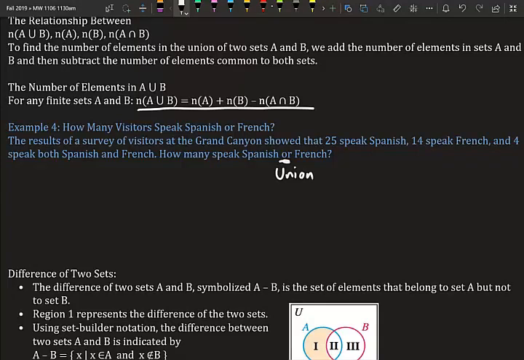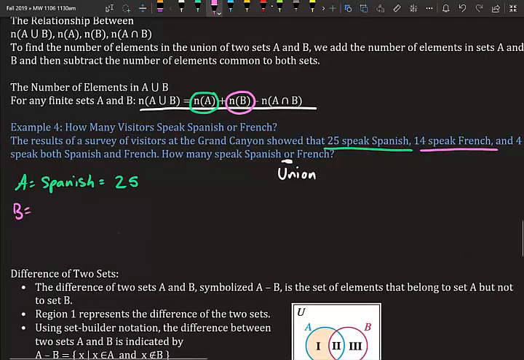That's what or means. So we need to know the number of each. So A, we can say A is Spanish. So how many speak Spanish? 25. We can say B is French, and 14 speak French.